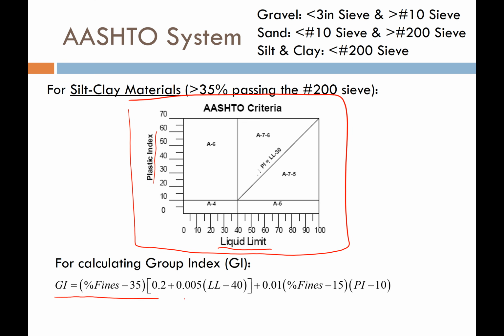Then if you need to compute the group index, you can use this equation down here for those soils. You can see it's a little more difficult of an equation, but we still have everything we need: liquid limit, percent fines, and plasticity index. And just like before, we want to make sure that we round to the nearest whole number when we compute this group index.